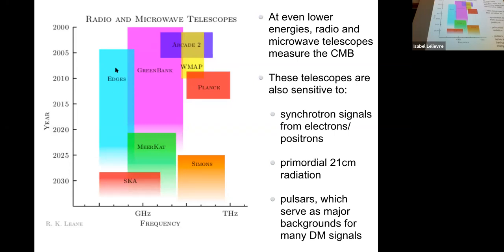EDGES is the experiment that has claimed the first detection of primordial 21 centimeter radiation, but there are a large number of other experiments not shown on this plot, which are also trying to find primordial 21 centimeter radiation. The list is in the notes, but also ask me if you want it. MeerKAT is distinguishable as one that will be particularly good for finding pulsars around the inner galaxy.